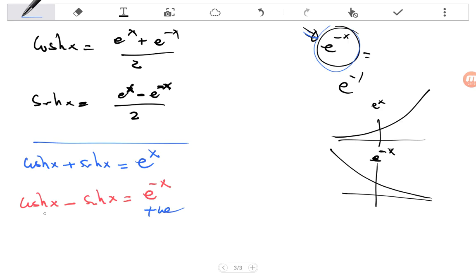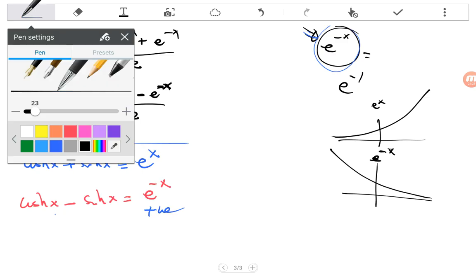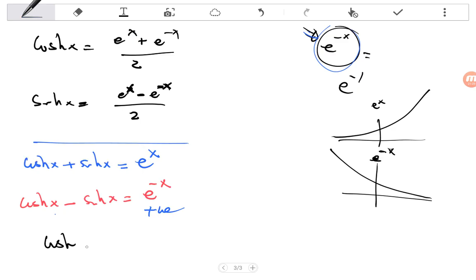So what does it mean if you have that cosine x minus sine x is a positive number? It means that the cosine will be always greater than sine x.